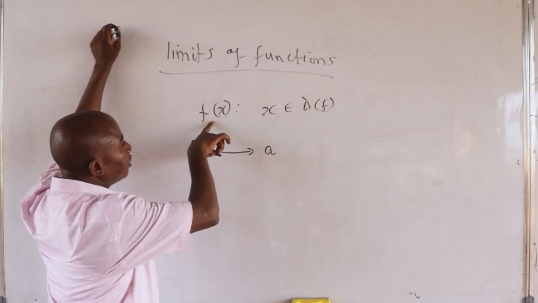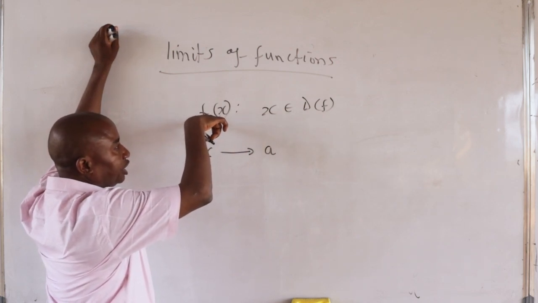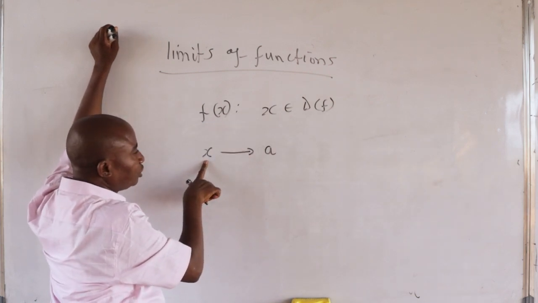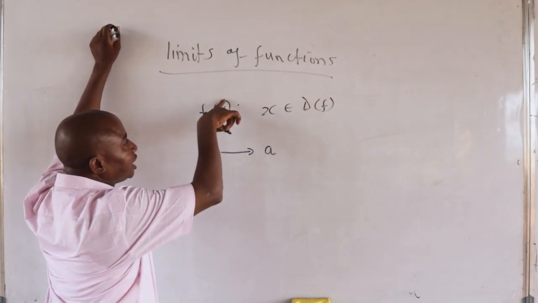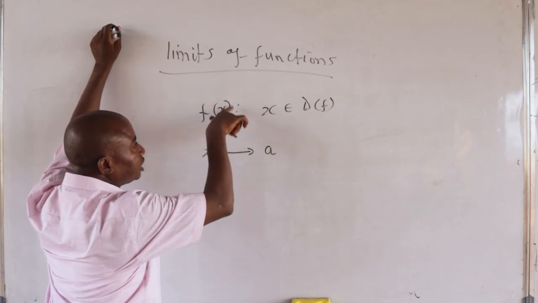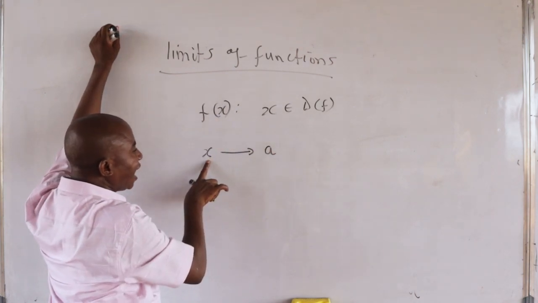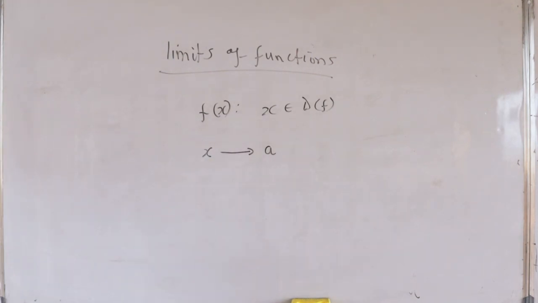So if we're able to get the particular number that the images of f approach, as the values of x approach the point a, then we say that that number which these images approach is the limit of this function as x approaches the value a.